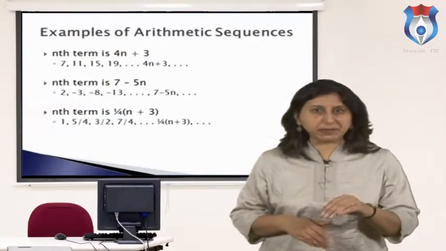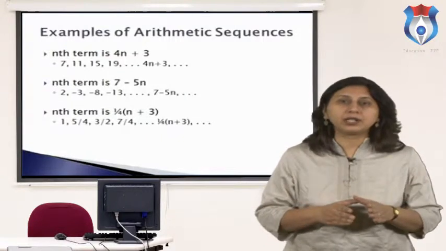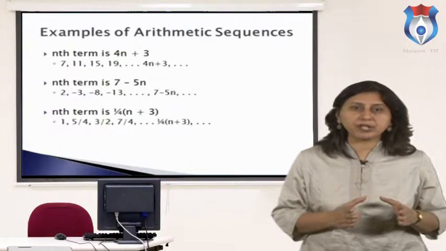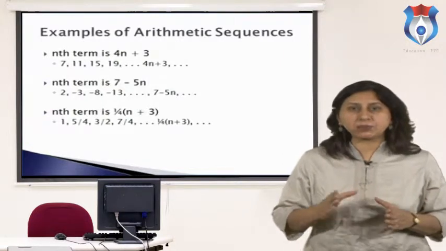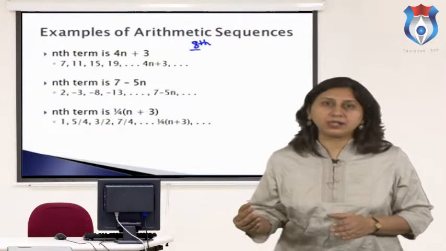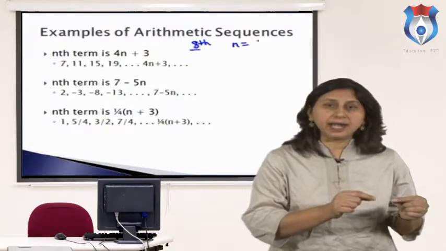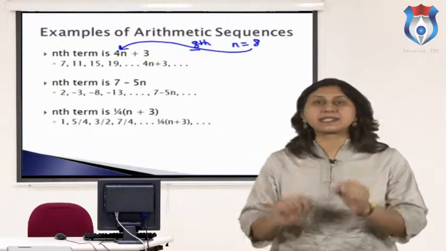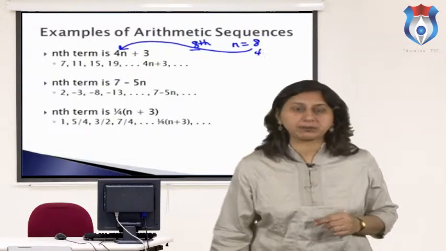If the first term and common difference are known, the AP is completely known. The arithmetic progression a, a plus d, a plus 2d, a plus 3d, whose first term is a and the common difference is d, is designated as the standard form of an arithmetic progression.